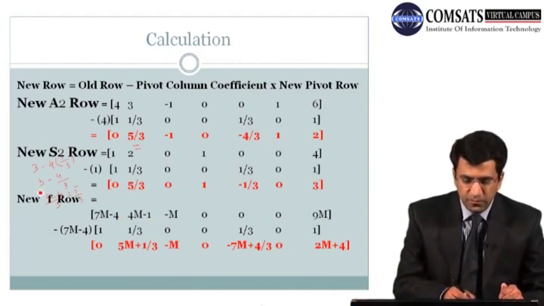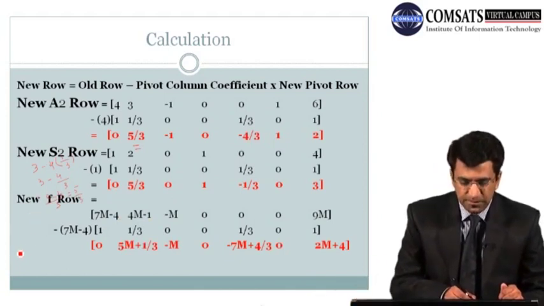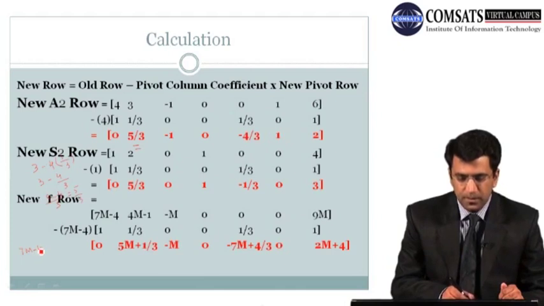7m minus 4. So we will have to compute this value, 7m minus 4, minus 7m minus 4 multiplied by 1.